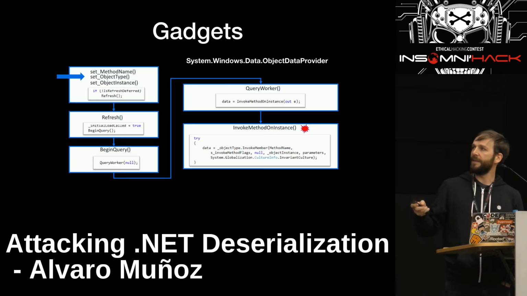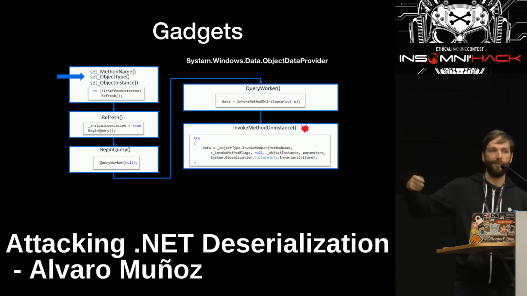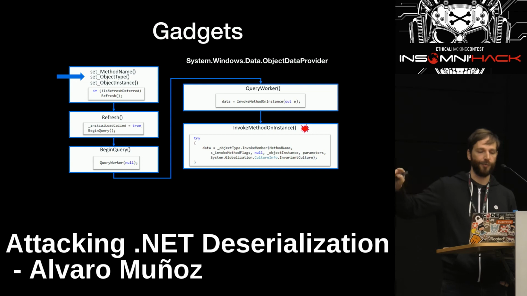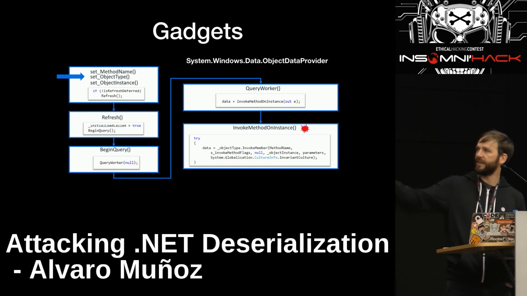So this is a simple example of a gadget, a setter gadget. It starts with invoking some setters. It's in .NET, in the class System.Windows.Data.ObjectDataProvider. And I like to use this for explaining what a gadget is because it's very simple, right? So you have 3 different setters that, when you invoke them with attacker-controlled data, will basically initiate a chain of calls that will end up invoking the Invoke method on the instance, right?